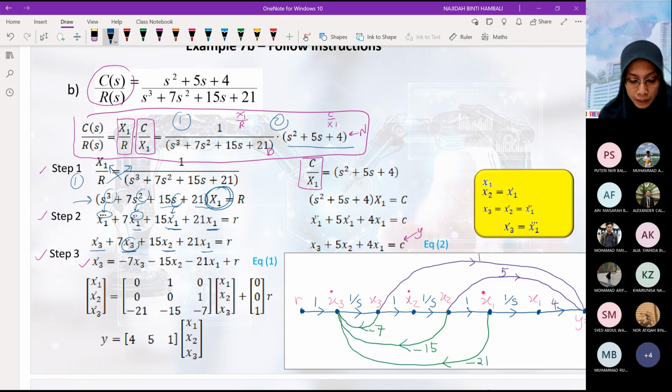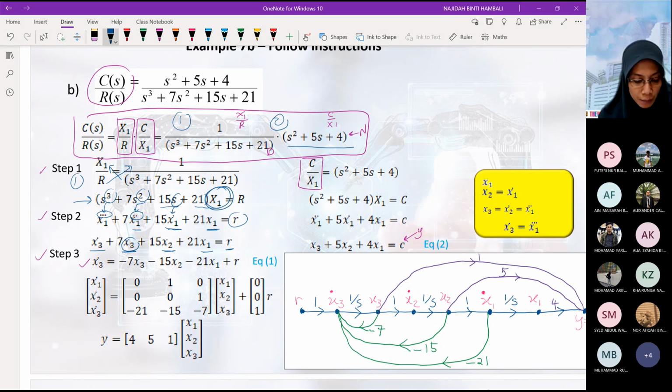Coefficients maintain 1, 7, 15, 21. For R, there's no polynomial function, there is no Rs, so it maintains as R here. Sometimes the label for input can be used as U. So just use any variable that has been given in the transfer function as your variable in your state space equation.